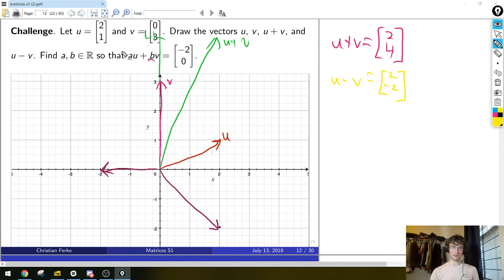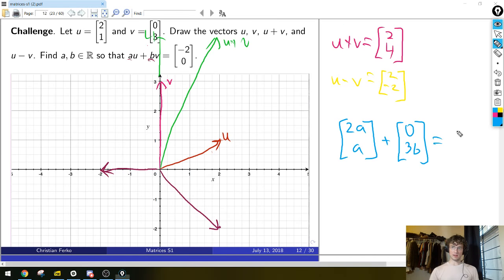So if a is some number, let's start with an easier question: what is the vector a times u? 2a and a, right? A times 1 is always a. Okay, what is the vector b times v if b is some number? 0, 3b.